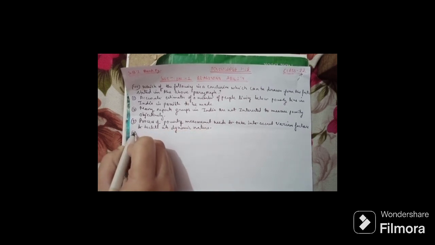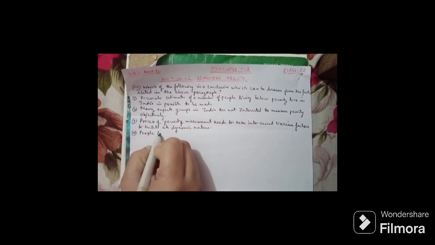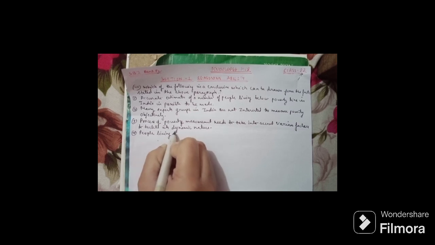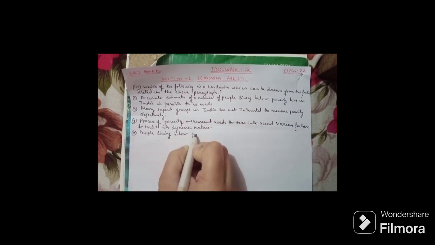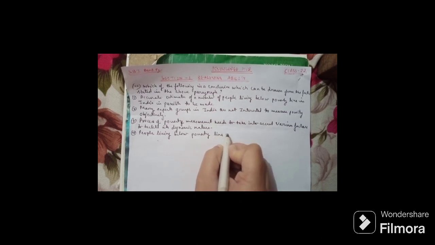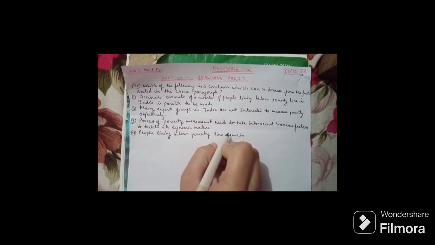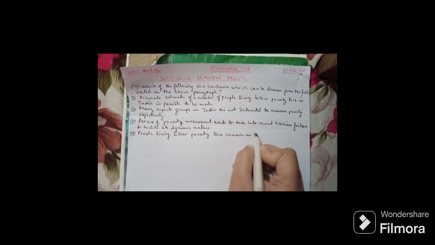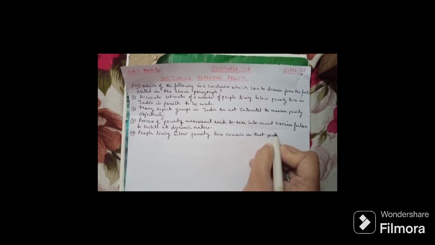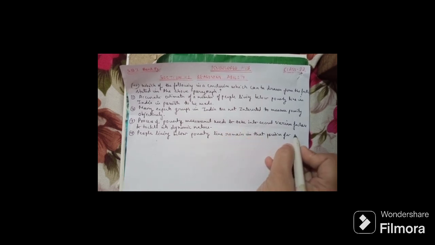The fourth is, people living below poverty line remain in that position for a very long time.